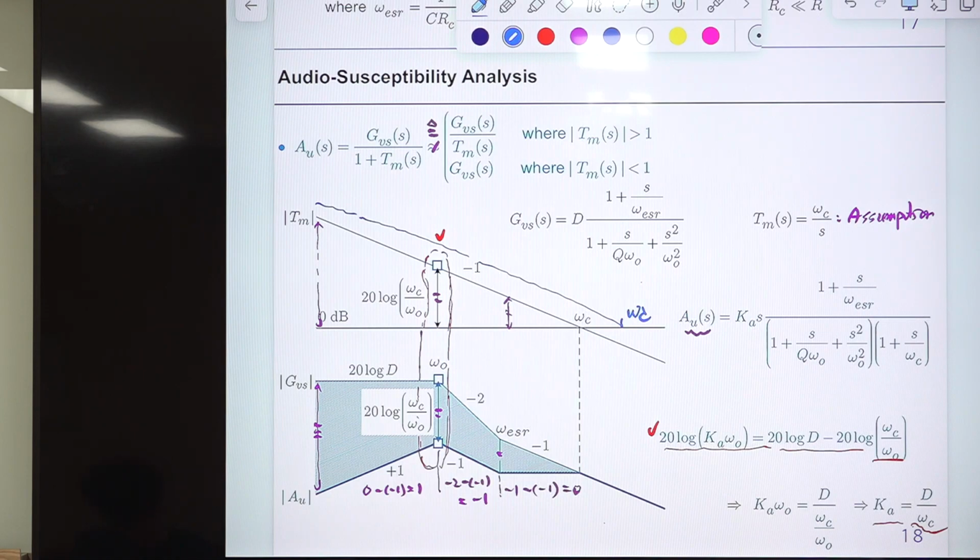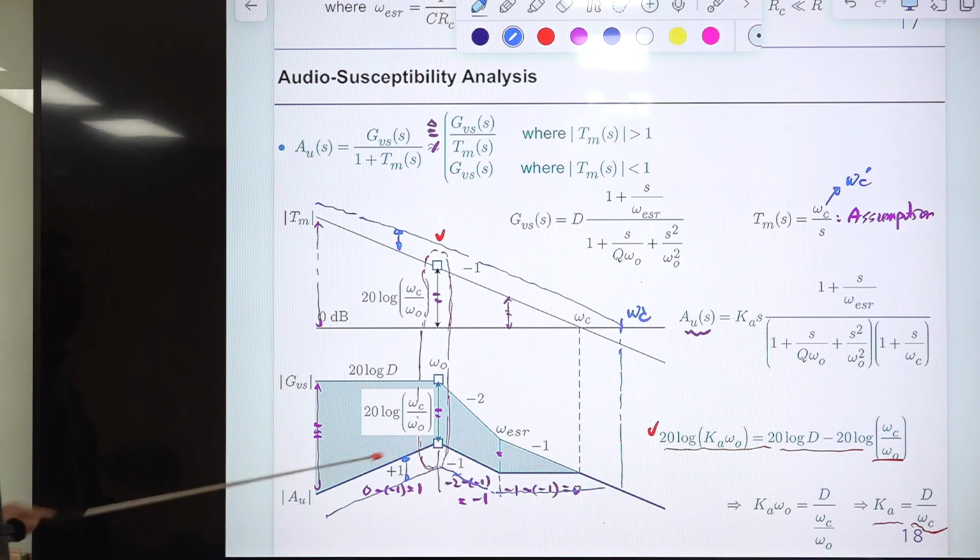Okay, so you increase this to omega C prime rather than the original omega C. Then the resulting audio susceptibility curve will be this one. This is a horizontal line and follows this and follows this. Okay, how much did you improve further? This much. This much. And this region.